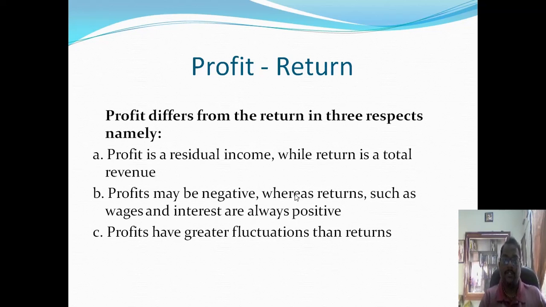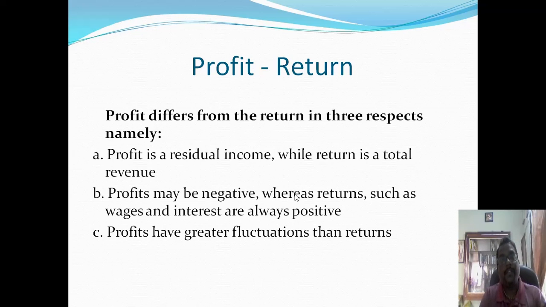I am not paying anything to the college, but the college is paying me. That is called a return. But if you take profit, sometimes in a month you will have a plus, sometimes a negative sign. So profit may be positive or negative, whereas return will always be positive. This is the second respect in which profit and return differ.